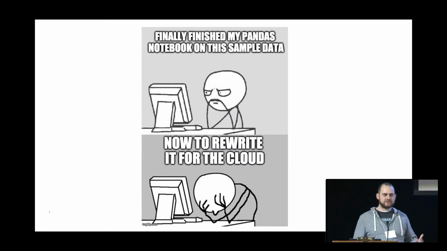A data scientist will work with some sample data to get general knowledge about their data, and they'll use pandas on it. But then when they want to run literally the exact same query, they have to rewrite the entire thing to run as a Spark job.